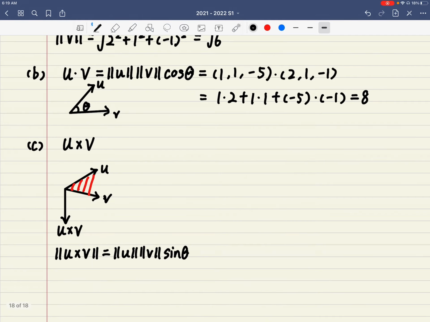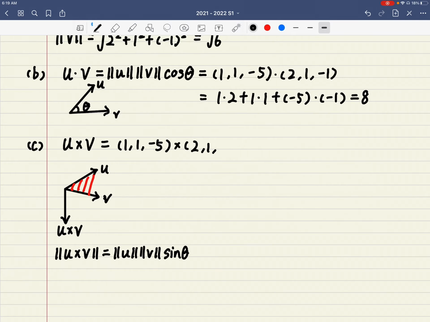But of course, you have another way if you already know what these two vectors are. For example, here u cross v. The result is going to be a vector. So the vector has three parts.